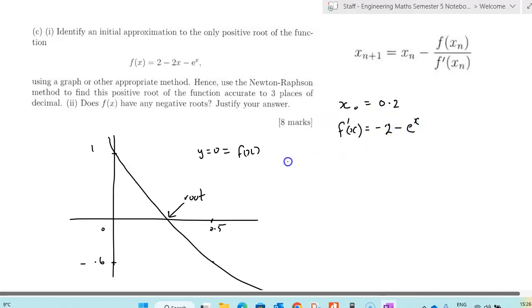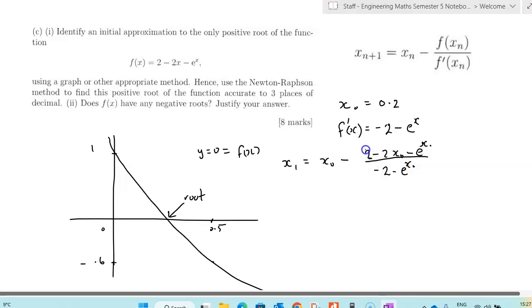Okay, so our formula is that x1 is going to equal x0 minus 2 minus 2 times x0 minus e to the power of x0, all divided by minus 2 minus e to the power of x0.